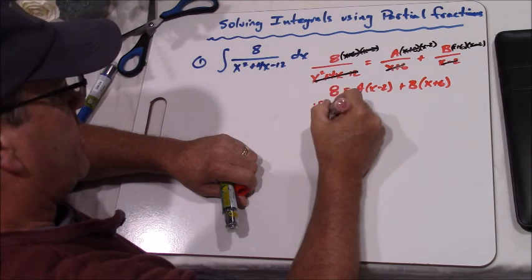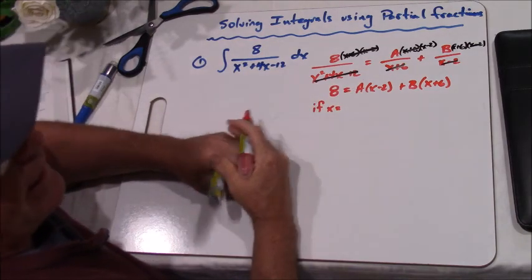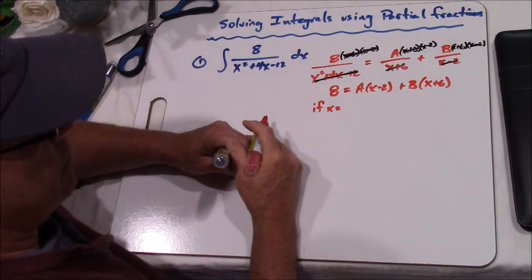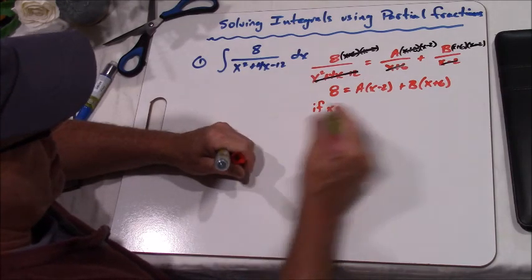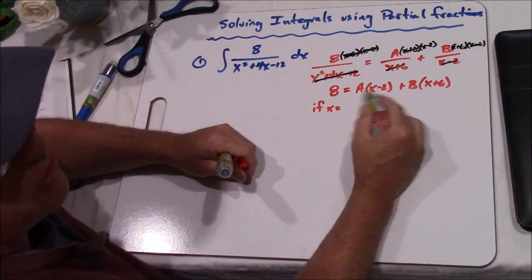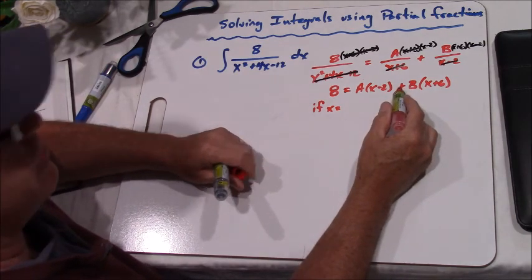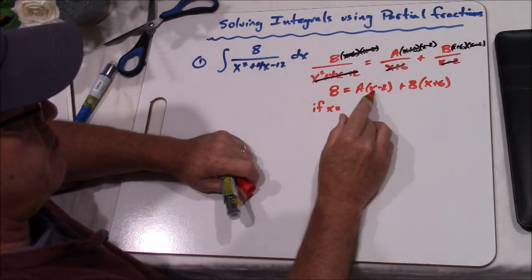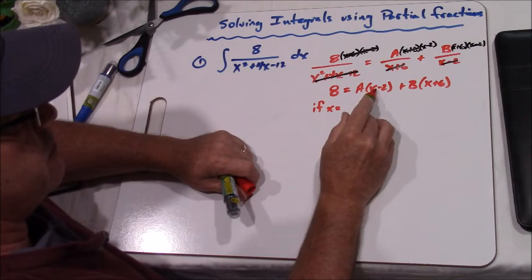So if x equals, and I can pick any number I want. What I really want to do is pick two numbers. And if I just randomly pick two numbers, what I'll get is two equations with two variables, and I could solve that as a system. But if you really want to make it easy on yourself, pick numbers that'll make these factors equal 0.